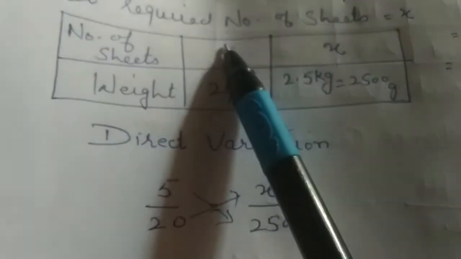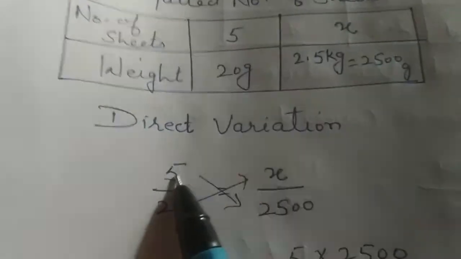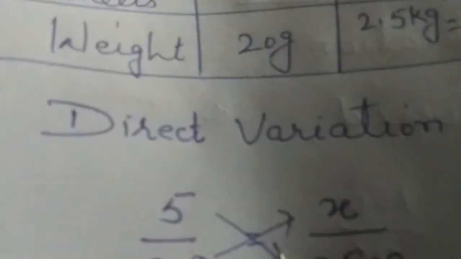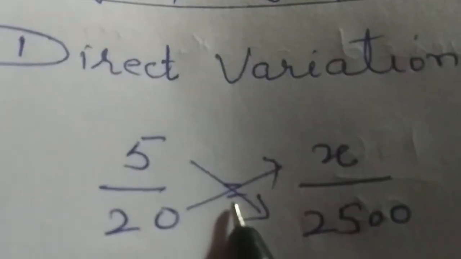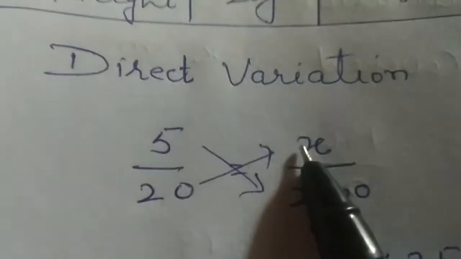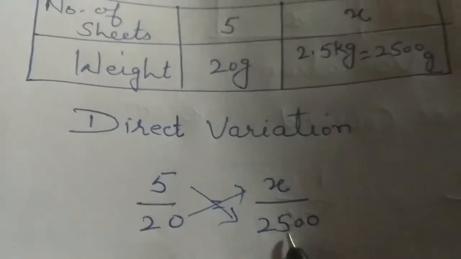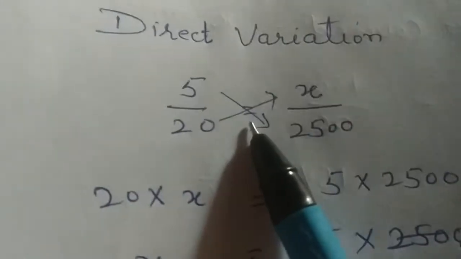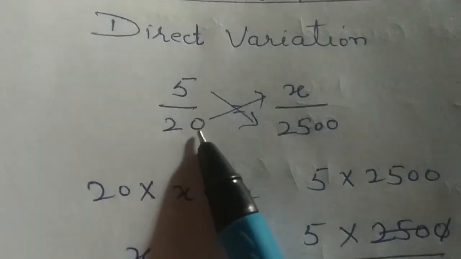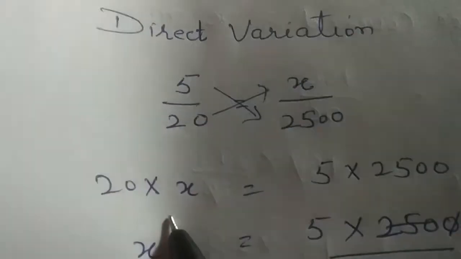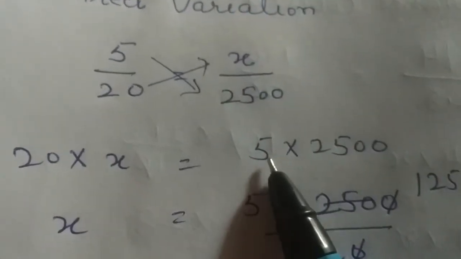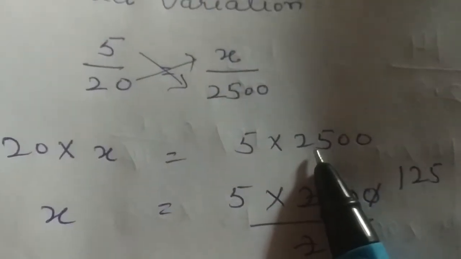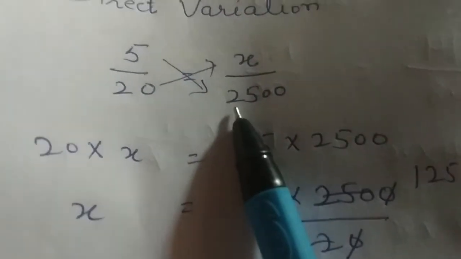Write here 5 over 20 is equal to, see the sign of equal to, x over 2500. From this table, x over 2500. Cross multiply, we will get 20 multiply by x is equal to 5 multiply by 2500.